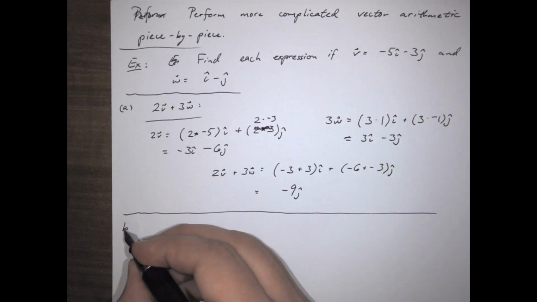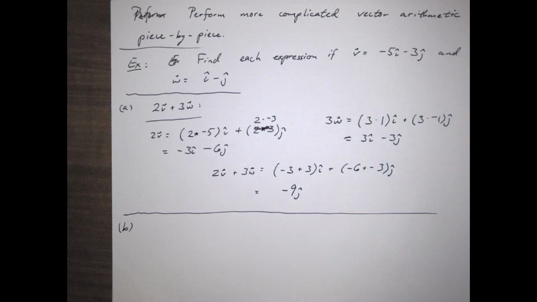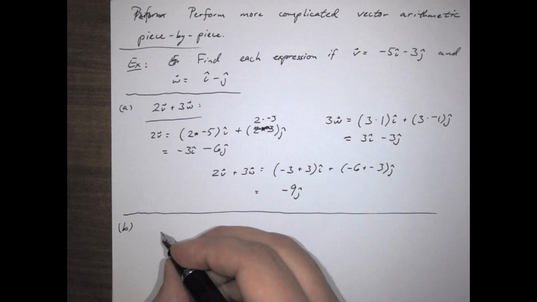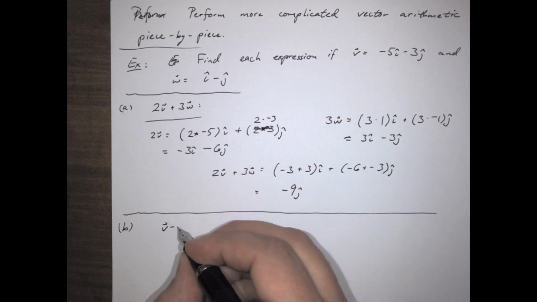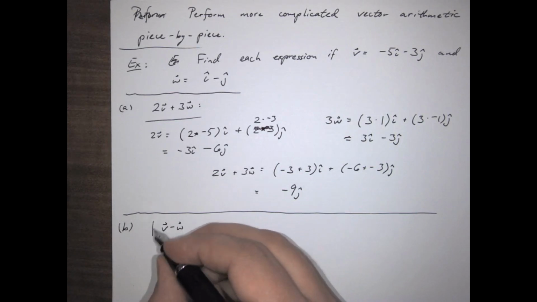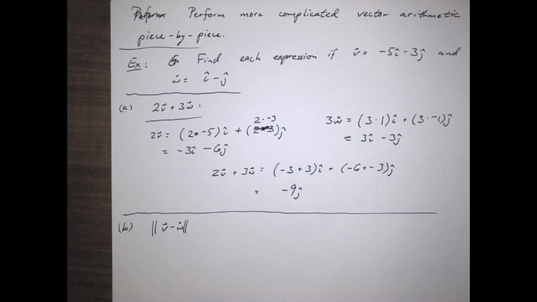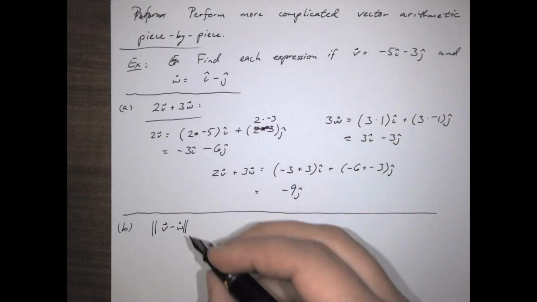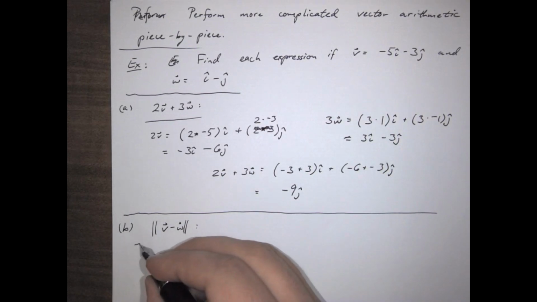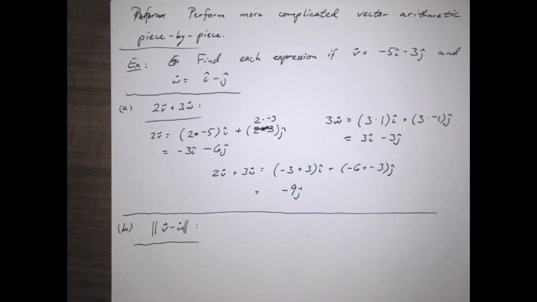Now, if we are told to do something like the magnitude of v minus w, we just have to break it down into first the task of finding v minus w, and then the task of finding the magnitude of that.